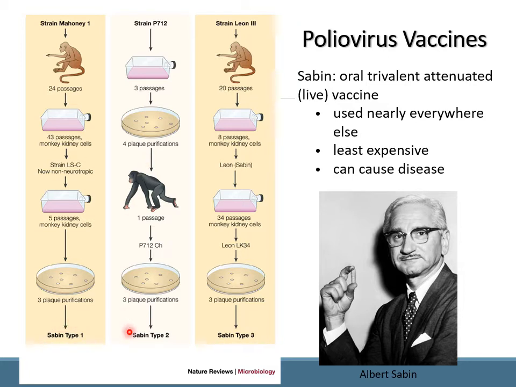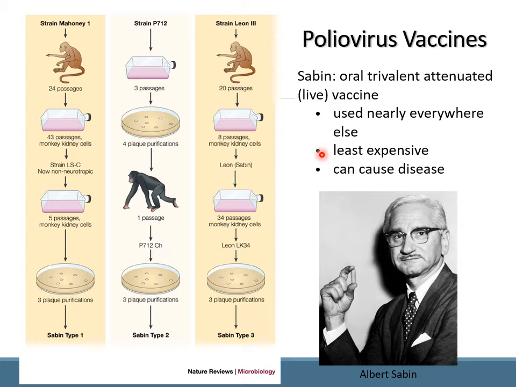So each of the types of poliovirus has been attenuated in slightly different ways, and all of those are included in this Sabin vaccine. This is not used in the United States, but it is used nearly everywhere else in the world, and that is because it is least expensive, and it is also easy to administer because it is oral.